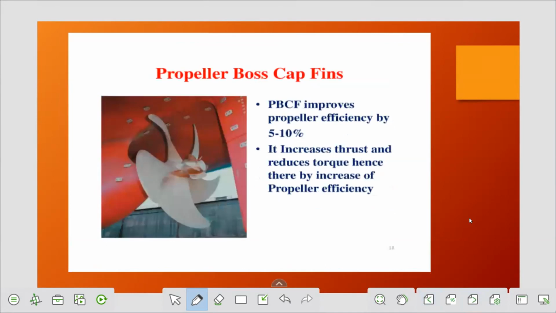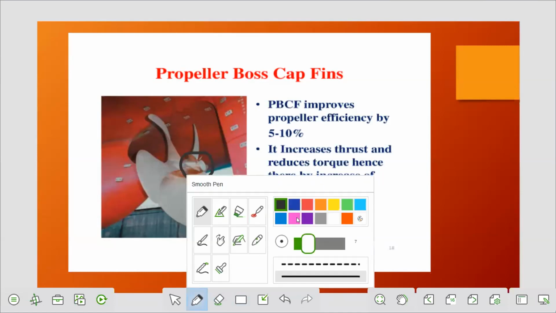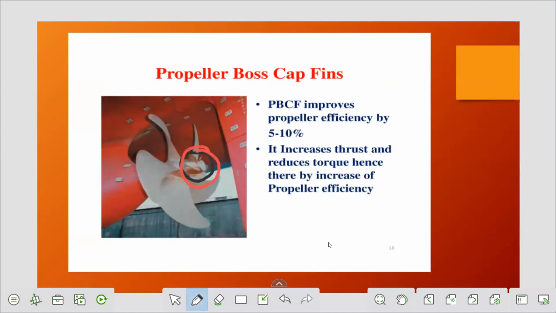Now onwards, these are what we call energy improving devices, EIDs. This one is the propeller boss cap fin, generally called PBCF.